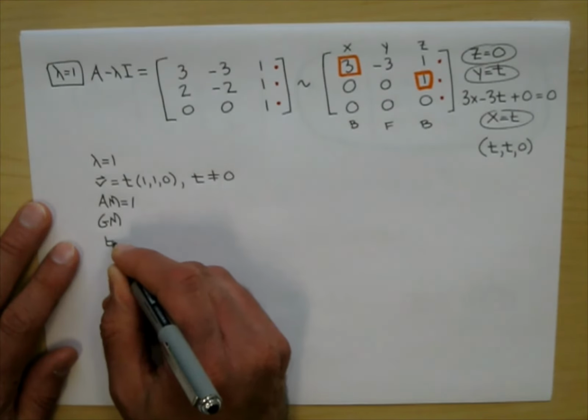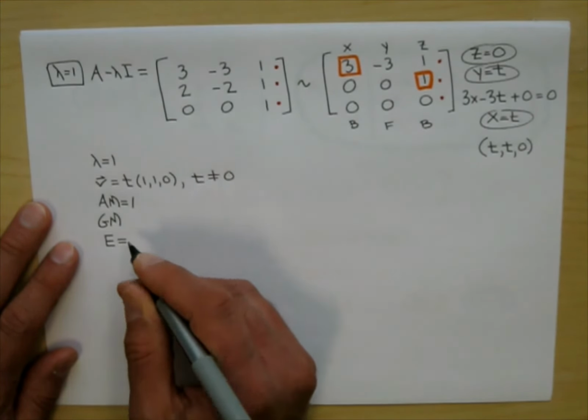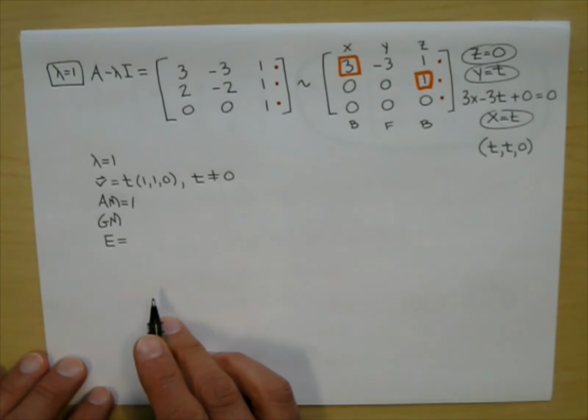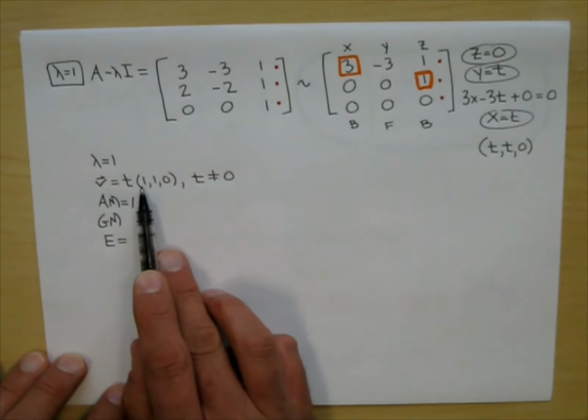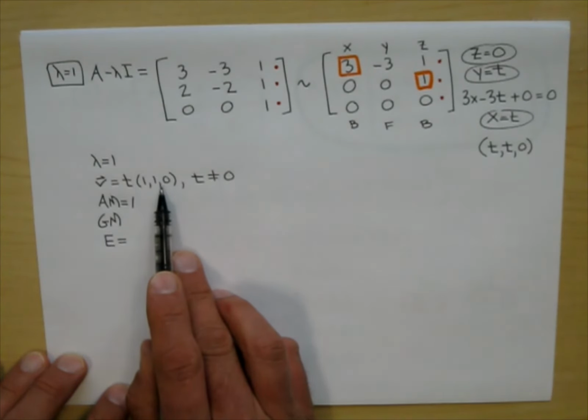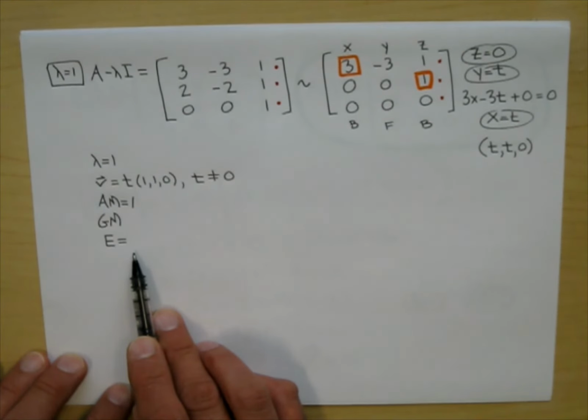Then we're going to do this one right here, which is E. E happens to be the eigenspace. The eigenspace is the set of all eigenvectors with 0, 0, 0 thrown in.